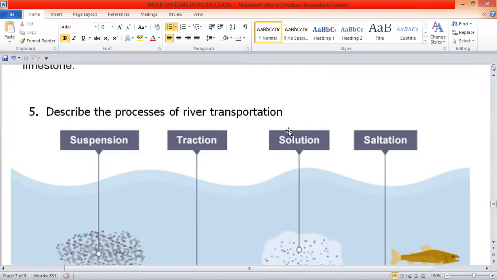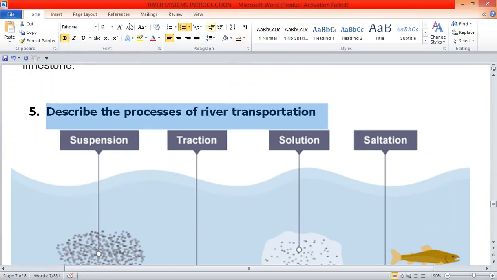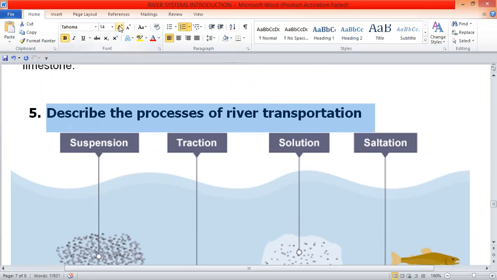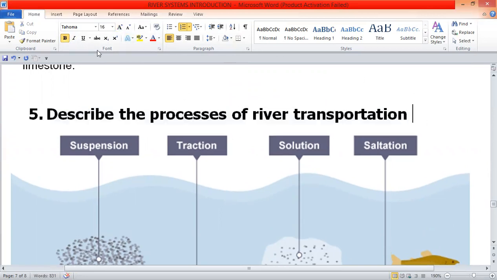Okay, and then the last objective here, ladies and gentlemen, is describing the process of river transportation. There are 4 processes of river transportation. I will start with the one that transports heavy load. It is called traction.